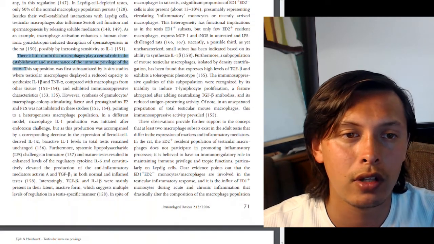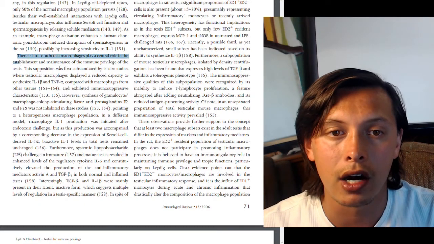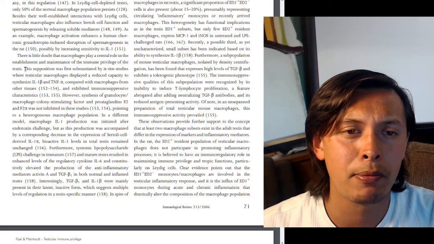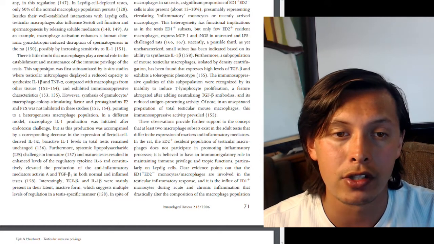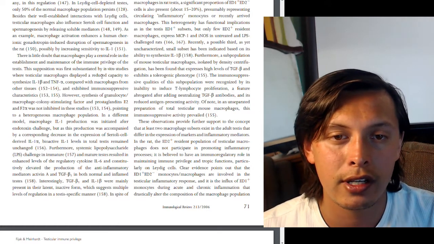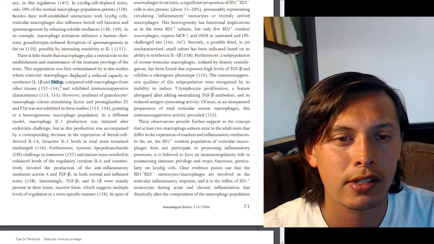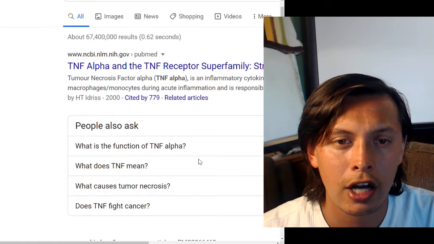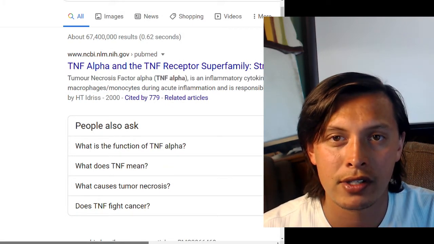Continuing, there is little doubt that macrophages play a central role in the establishment and maintenance of the immune privilege of the testis. This supposition was first substantiated by in vitro studies where testicular macrophages displayed a reduced capacity to synthesize interleukin-1 beta and TNF alpha, tumor necrosis factor alpha, an inflammatory cytokine.